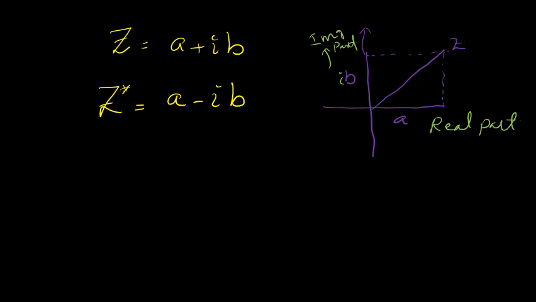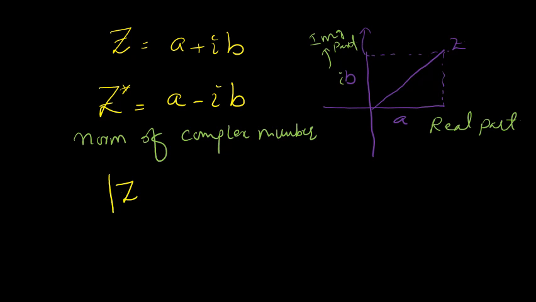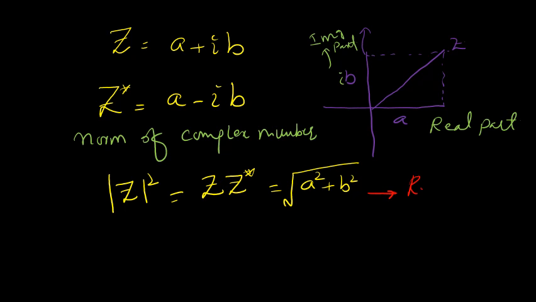Okay, so the norm of a complex number. The norm squared, norm z squared, will be equal to z multiplied by its conjugate, which equals a squared plus b squared, and this is always real.